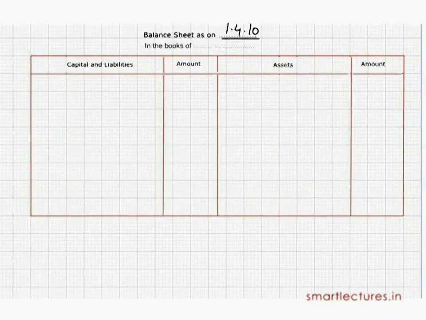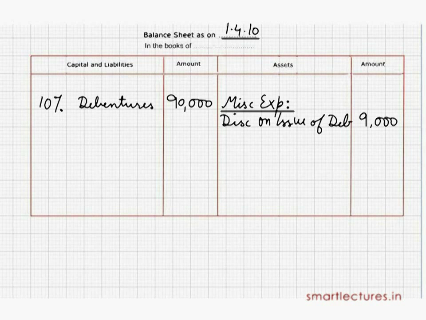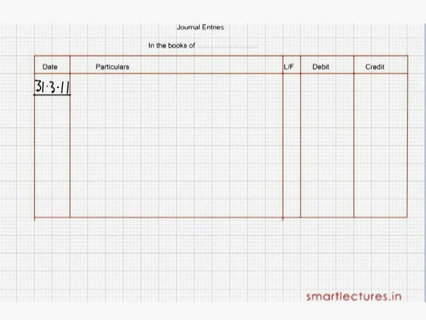So let's make the rough balance sheet. What will be the position of balance sheet on this date? On liability side, 10% debentures account, 90,000, and discount on issue of debentures account on asset side will be 9,000 rupees. Now 31st March 2011. Today we have to write off discount account and the amount is 3,000 rupees.